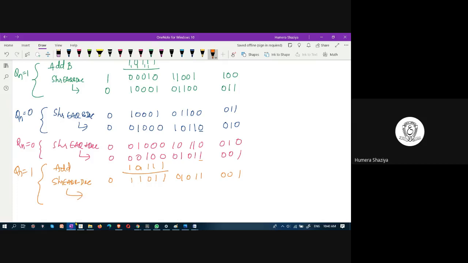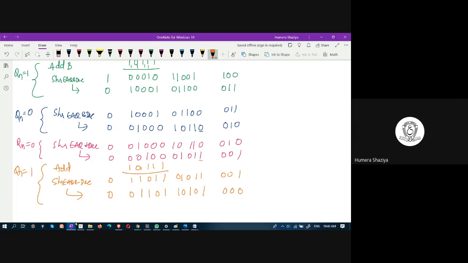After you apply shift right EAQ and decrement, this would be 0 0 1 1 0 1 1 0 1 0 1. This Qn is out, and this is 0.